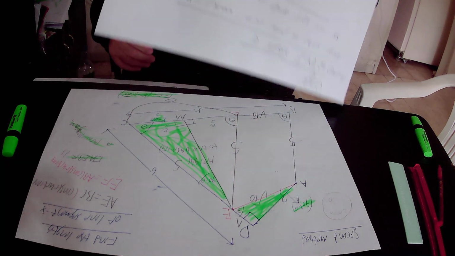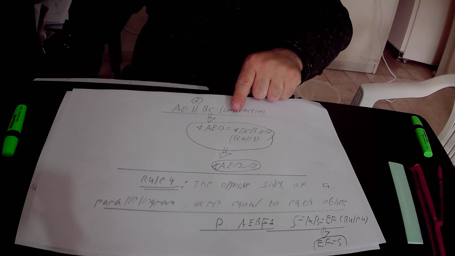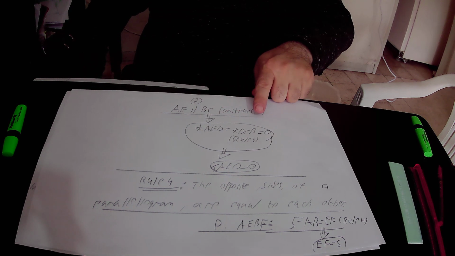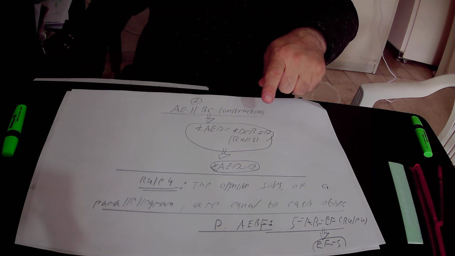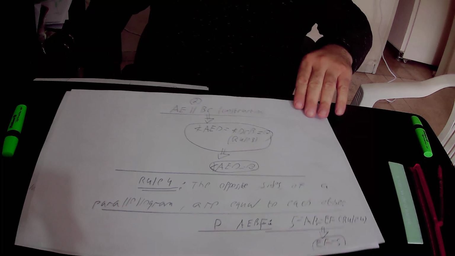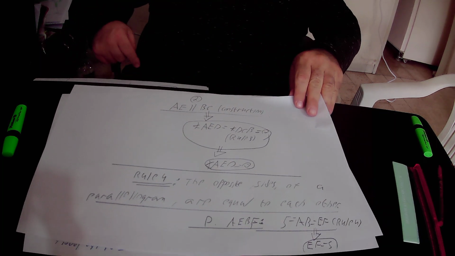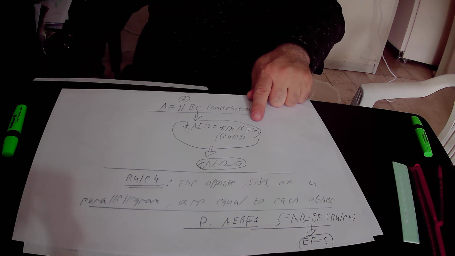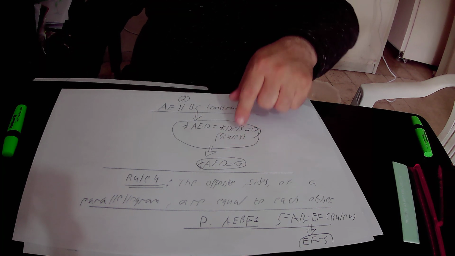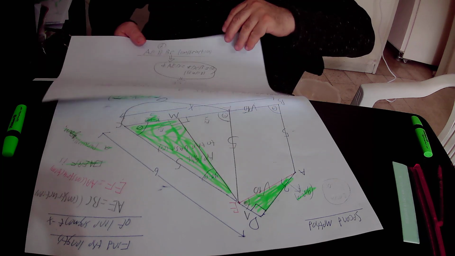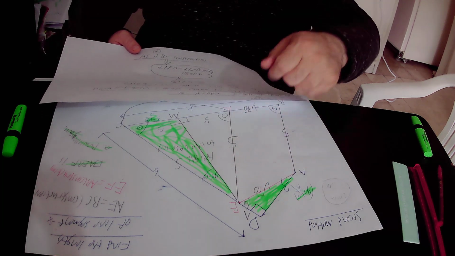Okay, I'll repeat again. Angle AED will be equal to angle BCD according to rule number 3. But angle BCD equals theta according to what is given in the question. So angle BCD equals theta. So from this equation, angle AED equals angle BCD equals theta, we will derive that angle AED is also equal to theta.